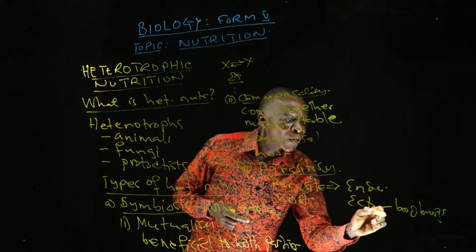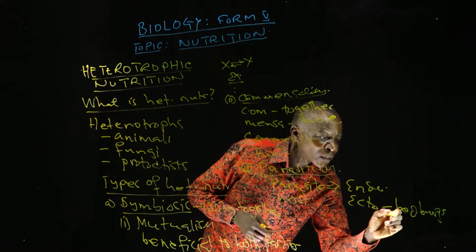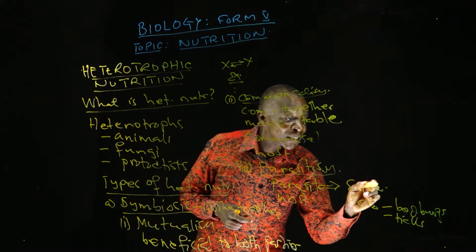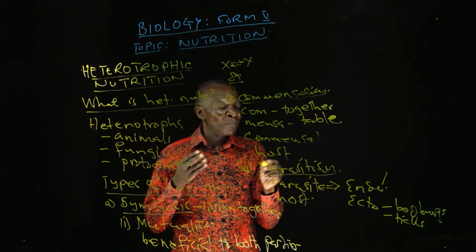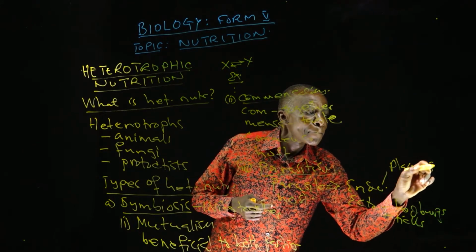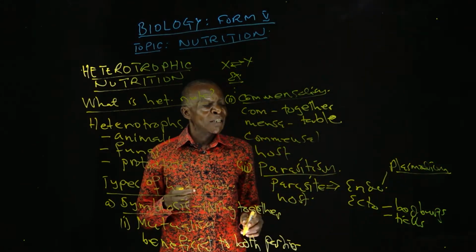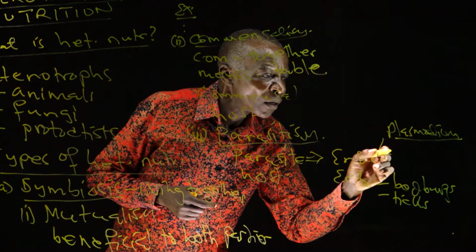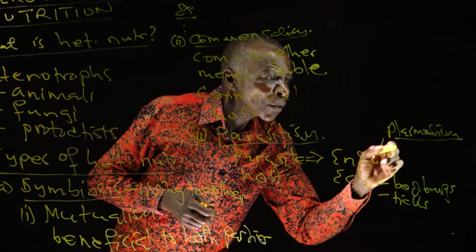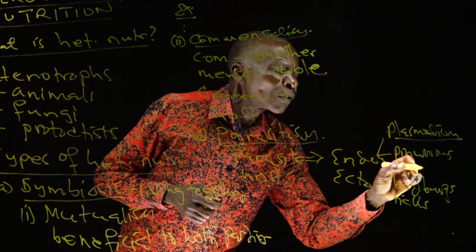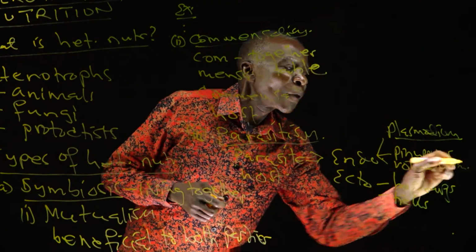We have ticks and the like. The endoparasites here, we have parasites like Plasmodium, a causative agent of malaria. We have the worms, pinworms, roundworms, and the like.